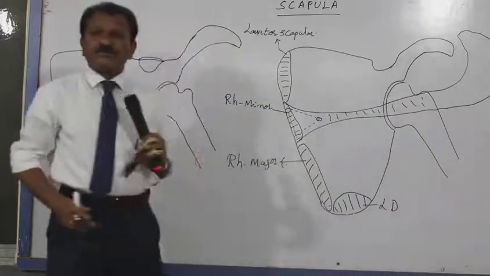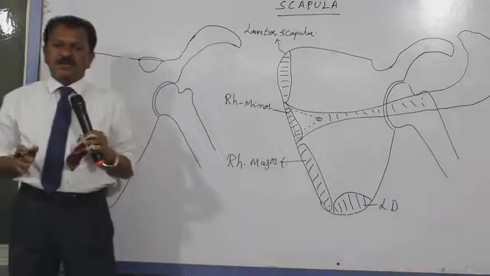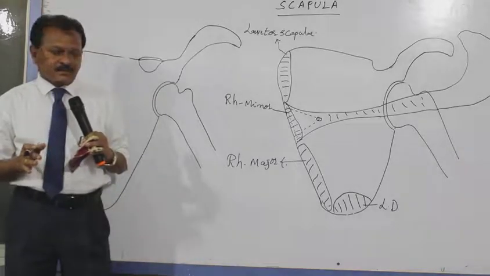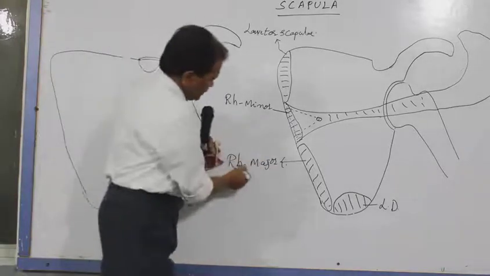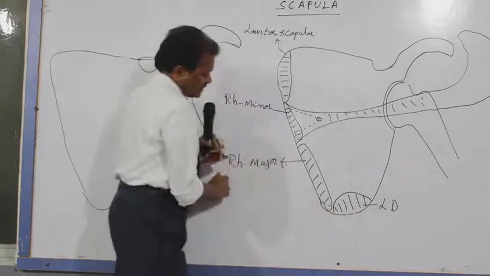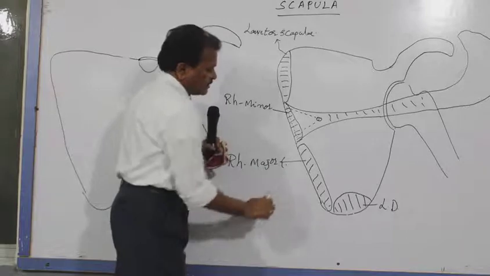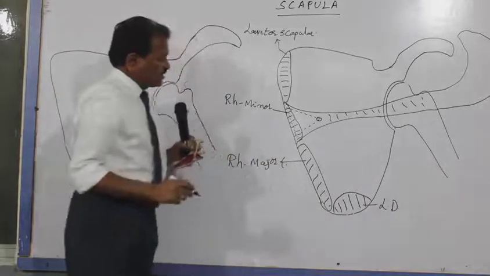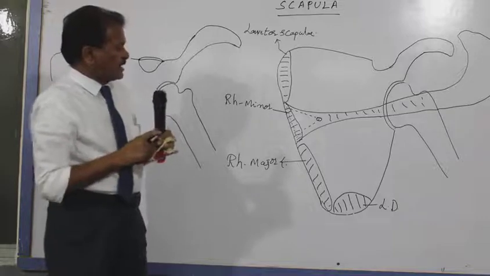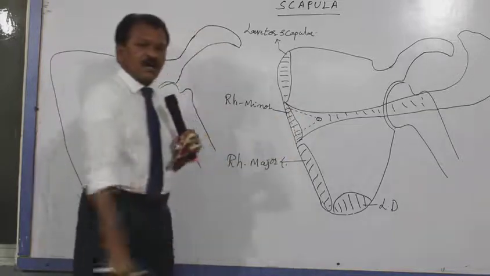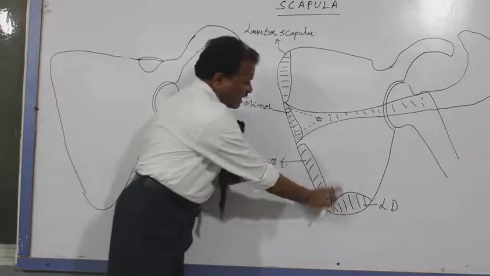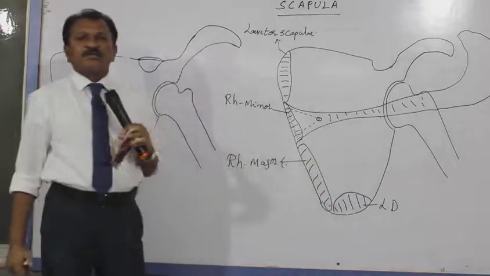Its insertion takes place at the inferior angle on the dorsal surface of the scapula. So this is the latissimus dorsi, and this is the rhomboideus major. The rhomboideus major muscle insertion takes place along the medial border in the dorsal surface of the scapula, in between the rhomboideus minor and the latissimus dorsi muscle.